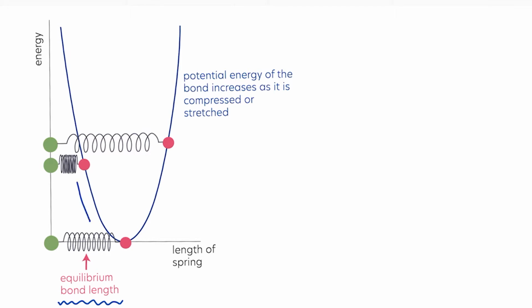If I compress my spring or I stretch my spring, that is going to require energy, and in both cases, there will be a restoring force that restores the spring to its equilibrium length. The more the spring is stretched or compressed, the more potential energy is stored in it. In terms of a bond, continually compressing and stretching a bond is, to all intents and purposes, a vibration.